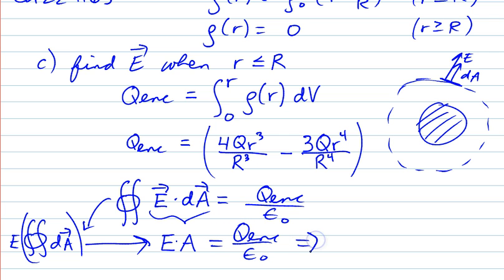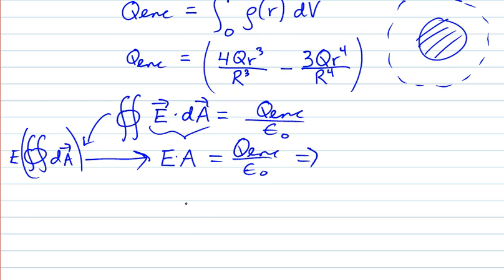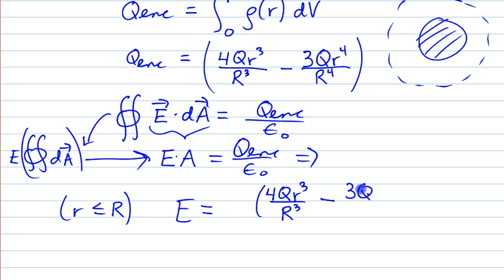And so what this means is that inside, just as a reminder, when r is less than or equal to big R, E is equal to q enclosed, and I'm going to rewrite it, 4q r cubed over big R cubed minus 3q r to the fourth over big R to the fourth, divided by 4 pi r squared epsilon naught.